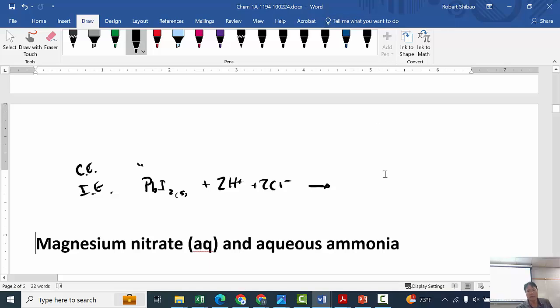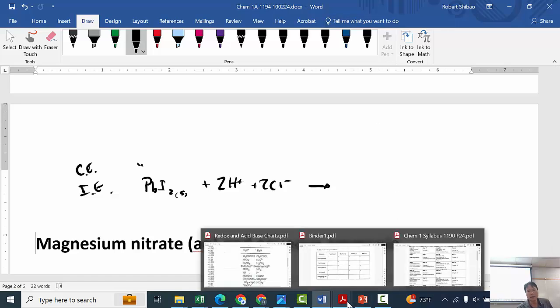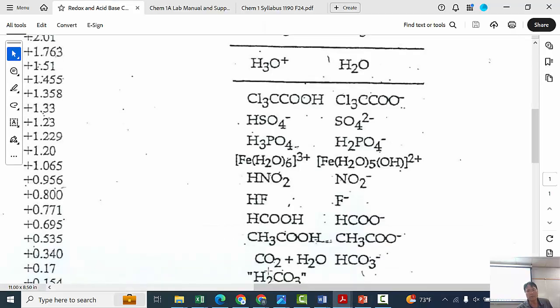One of the things I always wonder about is that some people mess up the charges on things like fluoride. Once in a while I'll see somebody write fluoride with a -2 charge. Where do they get fluoride with a -2? It's only 1 electron short of neon. Fluorine has 9 electrons, neon has 10 electrons. How can you get a -2 charge on fluorine?